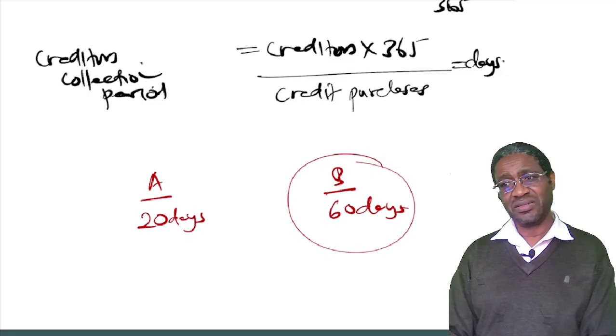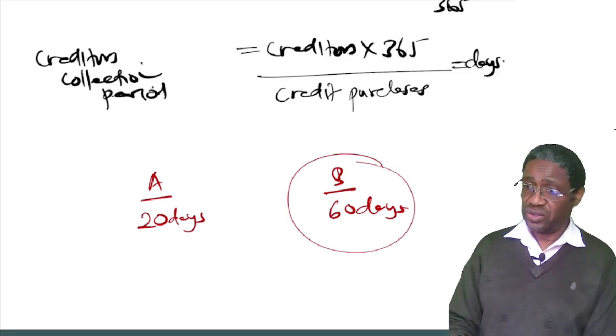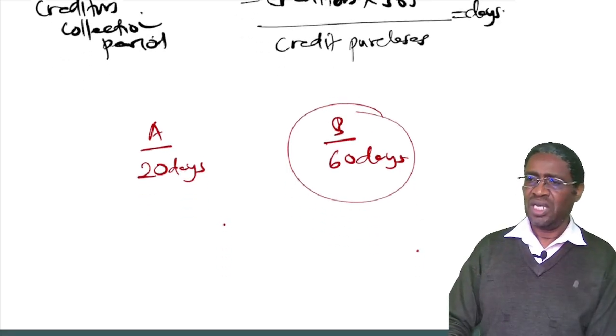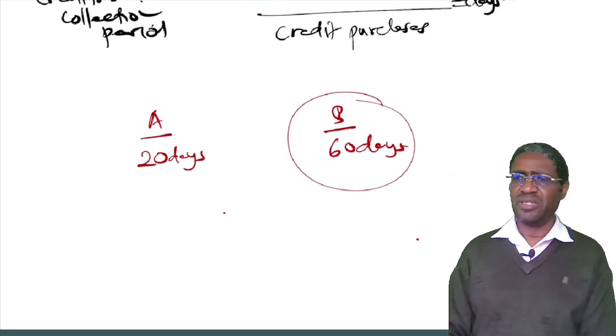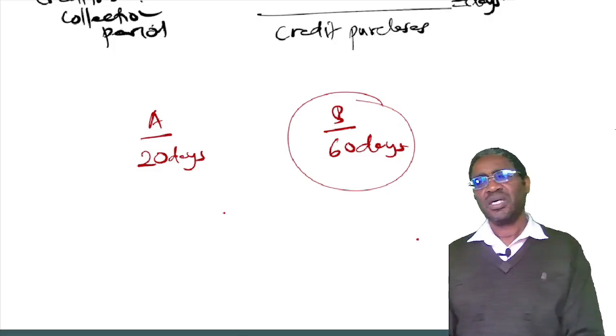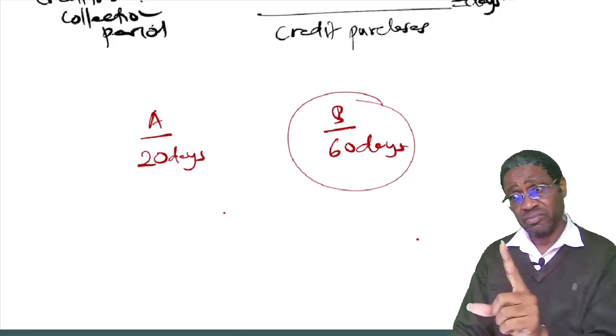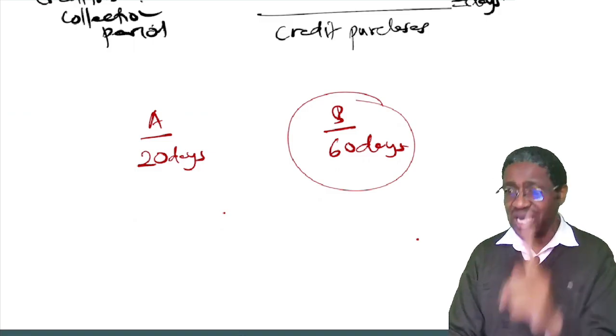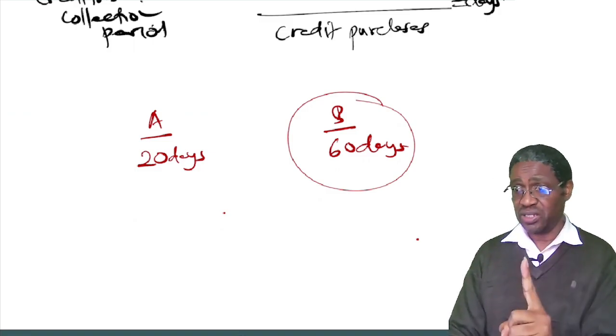For two reasons. One, if you buy goods from company B, they have given you enough time to make arrangements for payment.